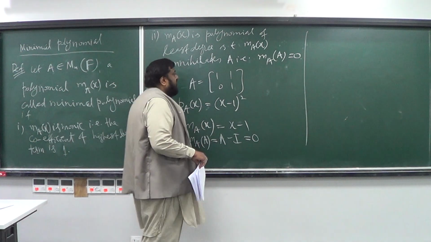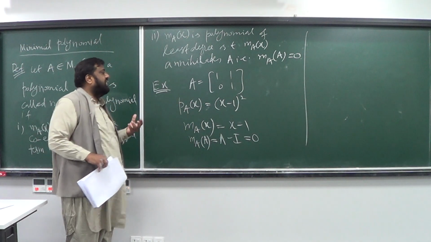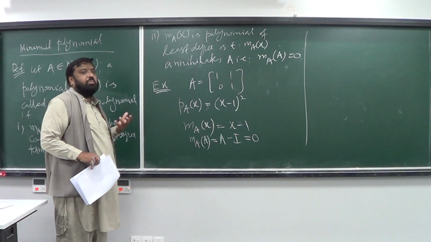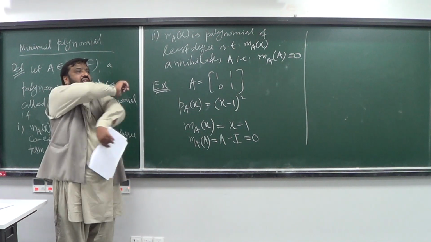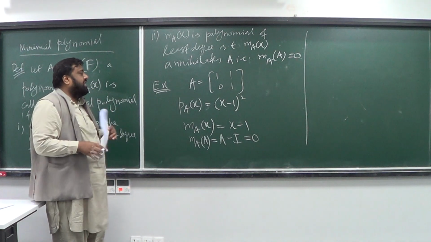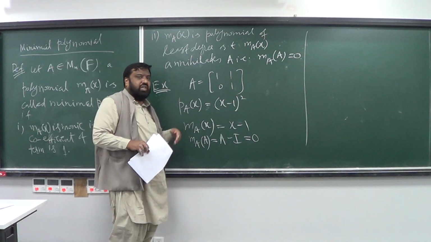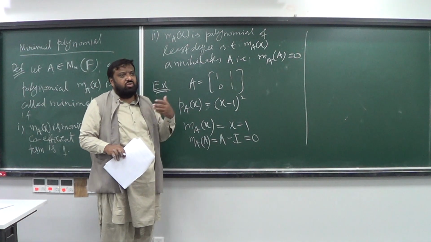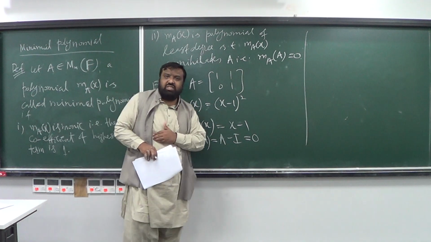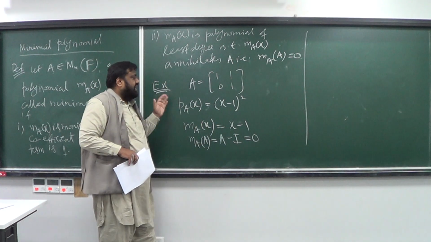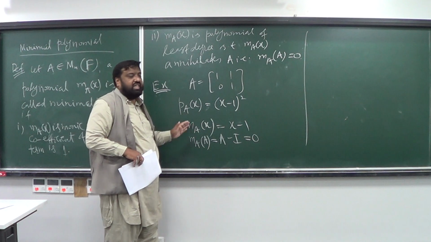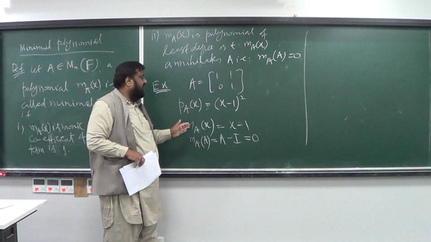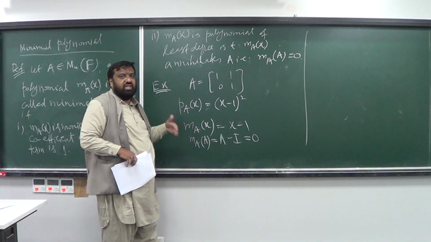Can we find the minimal polynomial in a systematic way? The answer is yes. Just as we have a systematic way to find the characteristic polynomial, where you need to compute the determinant of xI minus A, the question is, can we find the minimal polynomial in a systematic way?